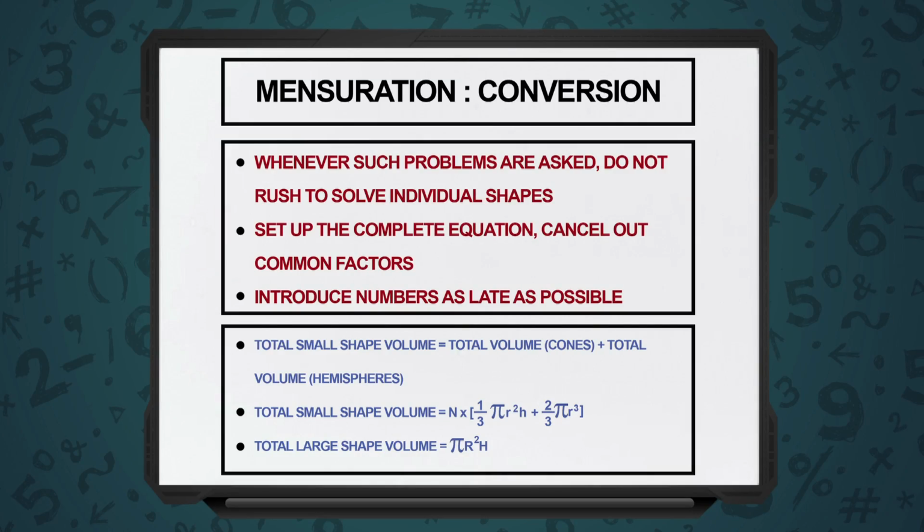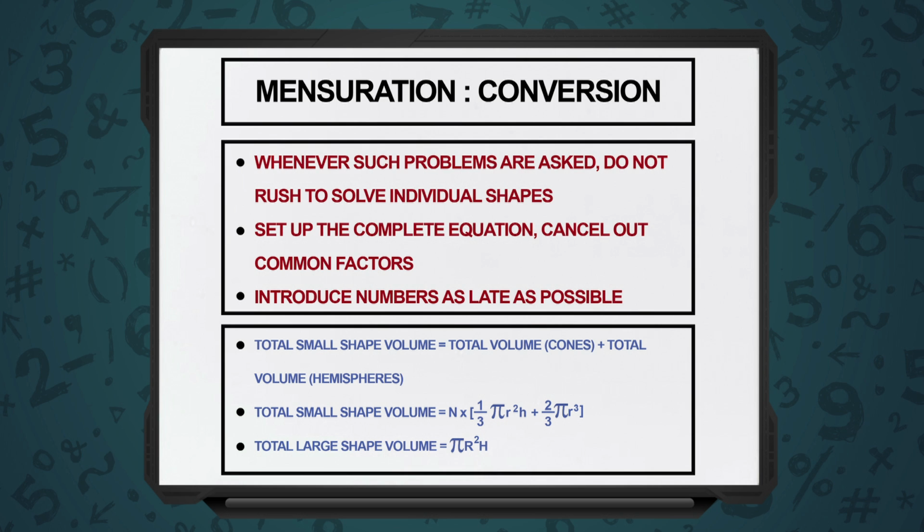So what is the total volume of ice cream? It is going to be 1 upon 3 pi small r square h. What is going to be the volume of the hemisphere? It is going to be 2 upon 3 pi r cube. And what is going to be the total volume?